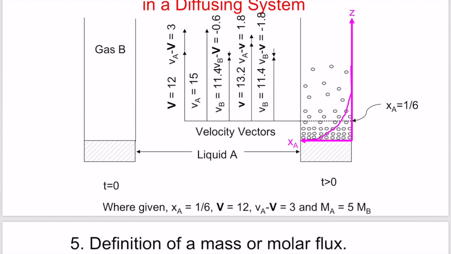So in this case, we have liquid A down here in an open tube with gas B here. So if I say, maybe this is benzene, which is volatile and can evaporate, and I've got nitrogen gas over it in an open tube.